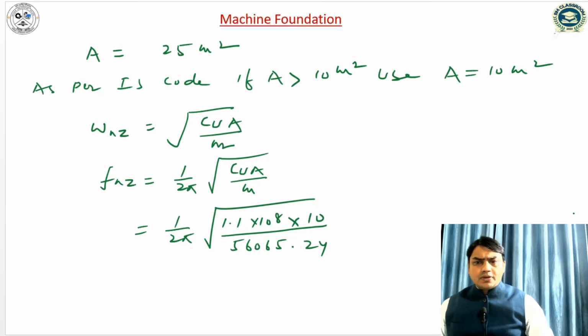If I compute the natural frequency, it will be 1 by 2 pi times the square root of 1.1 into 10 to the power 8, the coefficient of elastic uniform compression in Newton per meter cube, times the base area restricted to 10 meter square, divided by the mass 56065.24 kg. So Fnz is equal to 22.29 hertz.